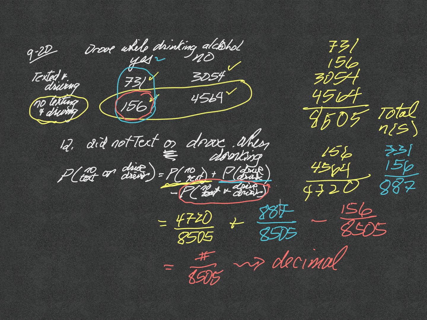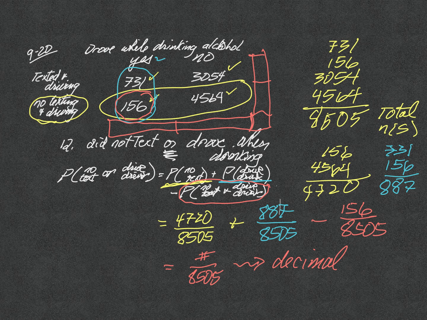Now, one way you can make it easier, if you're doing OR problems, is you could make totals in your table. And so, like this.